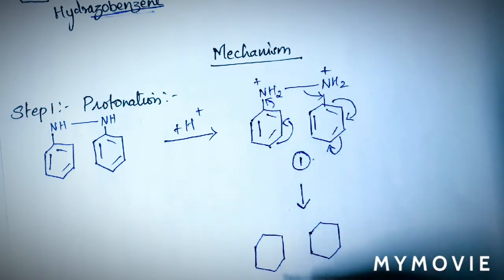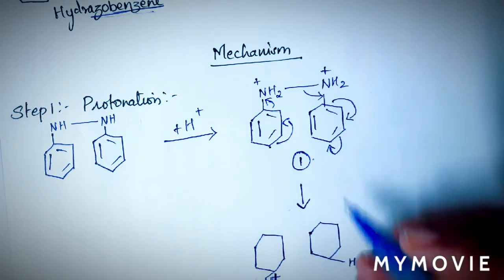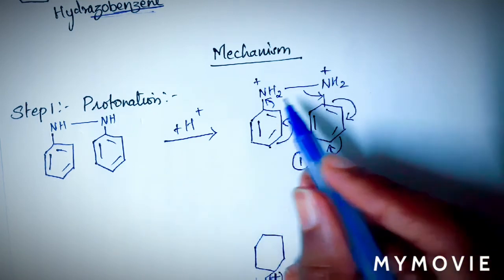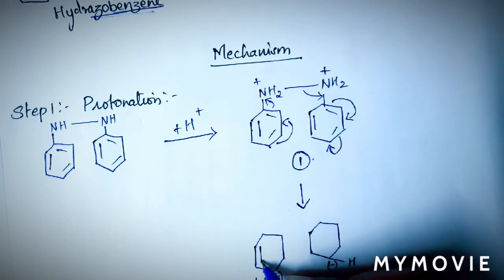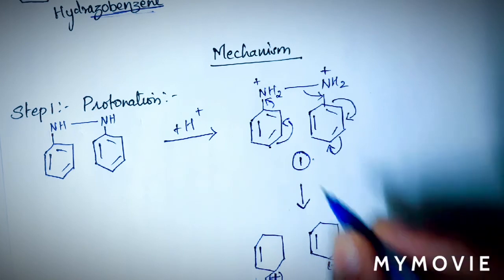So this carbon will get a positive charge since the bond is moving away from it. This carbon, there's a hydrogen atom here, we should remember that. And this carbon is getting the electrons from this bond, so it will be negatively charged. And there's a hydrogen here. And since the bonds are shifting, this bond is present here and this bond is present here.